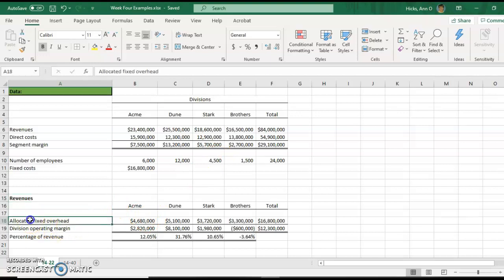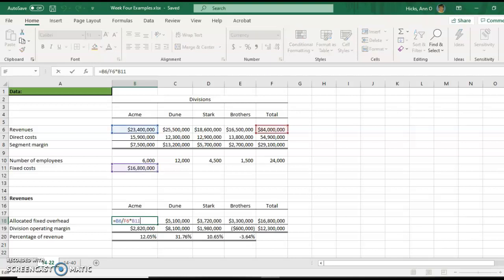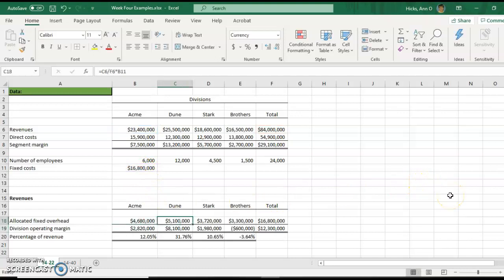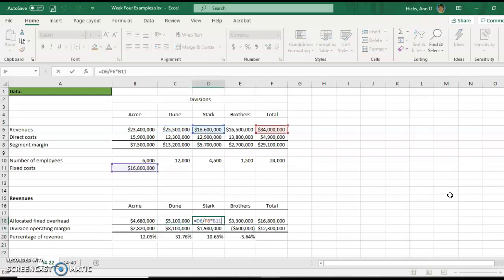So what we're going to do is, if you go to the allocated fixed overhead line and look at the formula I've put in, what I have done is I've taken the amount of revenues for Acme, divided it by the total for all divisions, and then multiplied that by the fixed costs. And if you walk across, I've done exactly the same thing for each division, thereby allocating fixed costs based on the proportion of revenues for that division to total revenues.